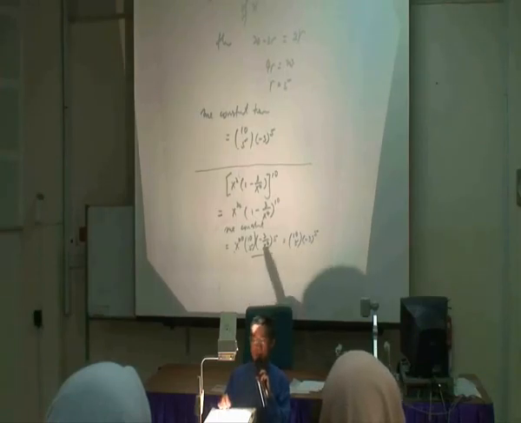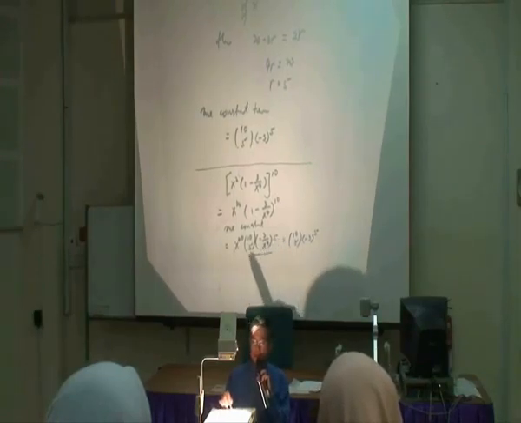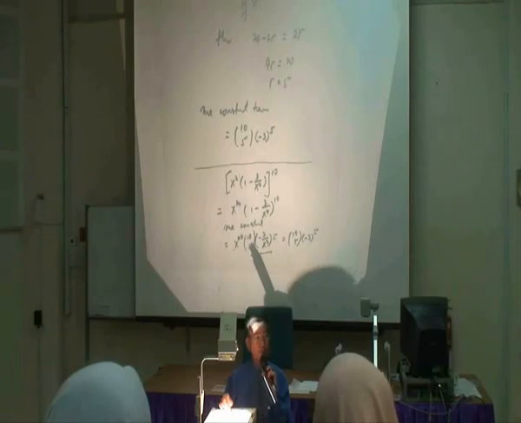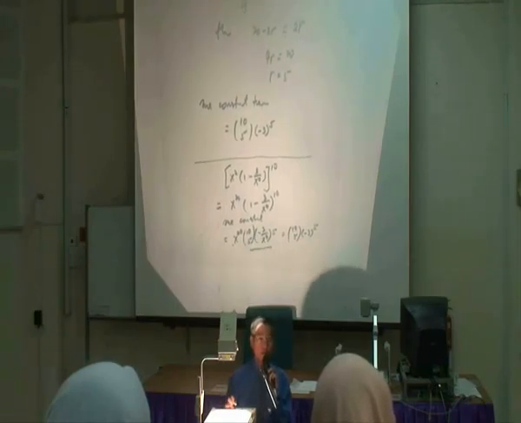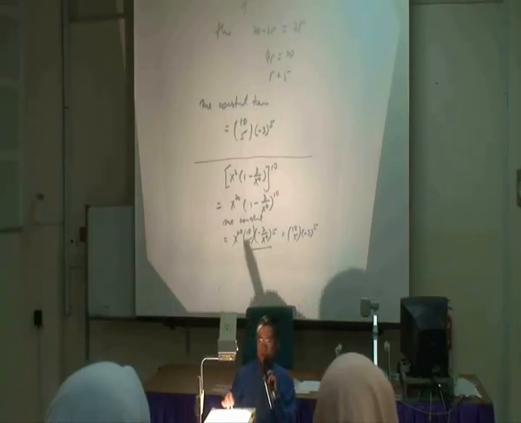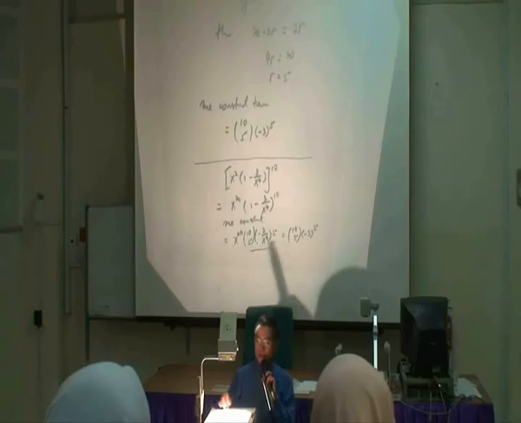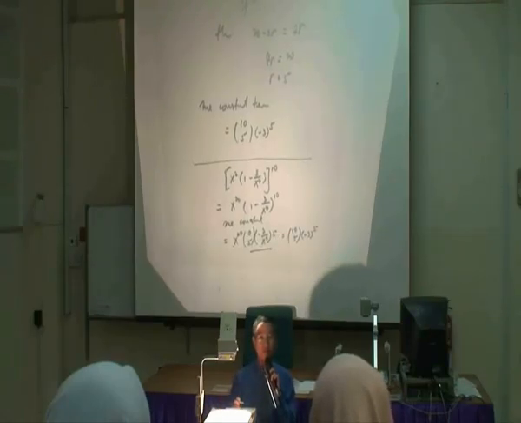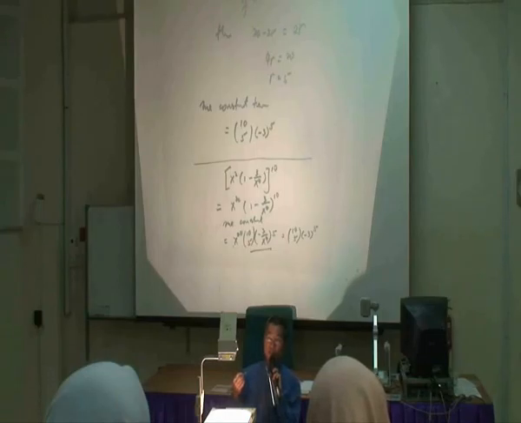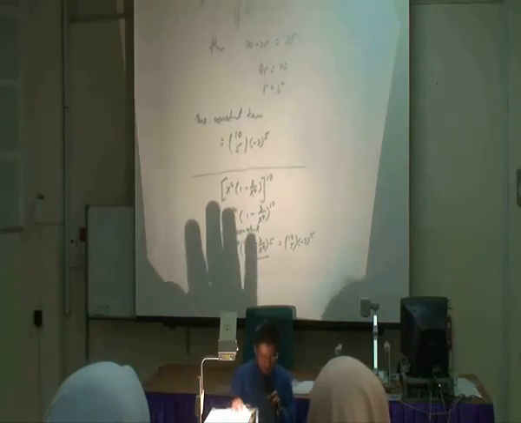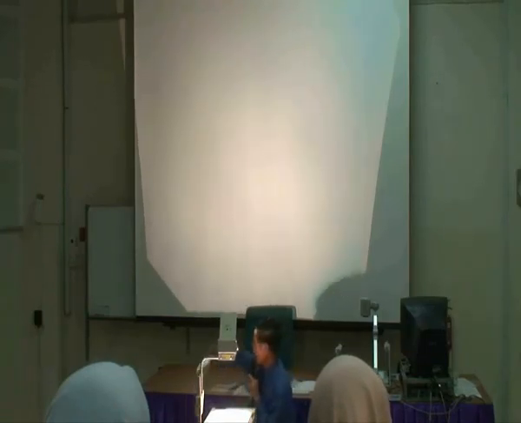So after writing down this term, it is followed by the first term, because the first term is 1. So you don't have to write 1 to the power 5. 1 to the power, in fact, 10 minus 5, is still 1. So the coefficient will be 10 C5. Do you understand? You're still using the same theorem. Okay, that is example 3.